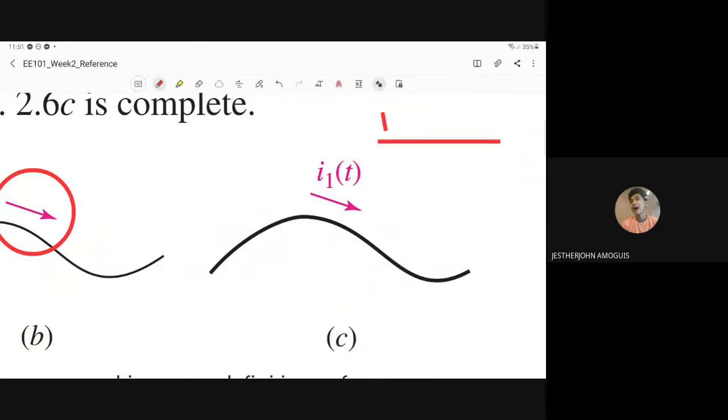So inganaon lang to atong notation ha. So kung say for example sa charge, kung charge atong hisgutan, Q of T, so time dependent.